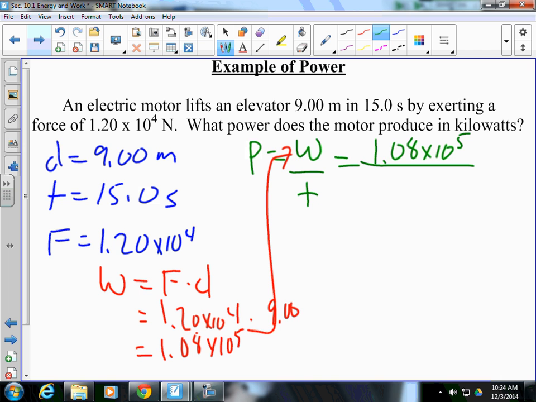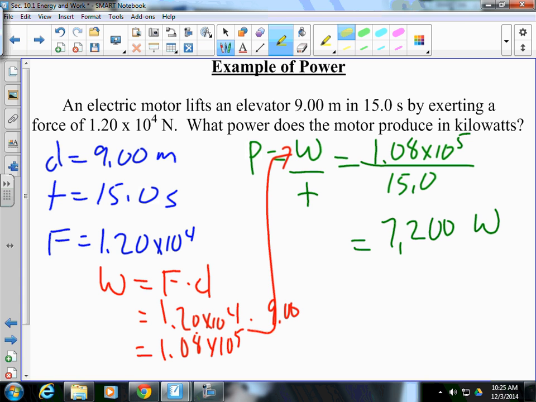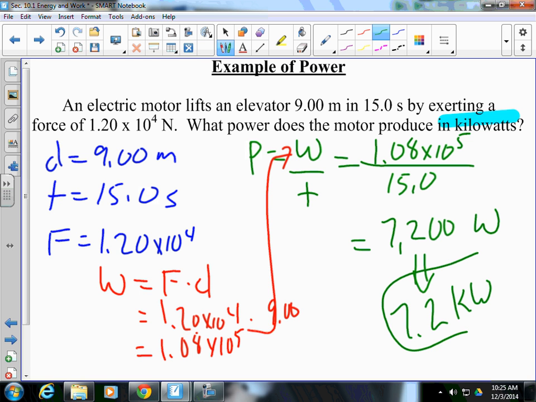Remember, the unit for work is joules. Divided by time, 15.0 seconds, we end up getting 7,200 watts. However, remember, the answer needs to be in kilowatts. So to put this answer in kilowatts, we'll divide by 1,000, and our answer is going to be 7.2 kilowatts.